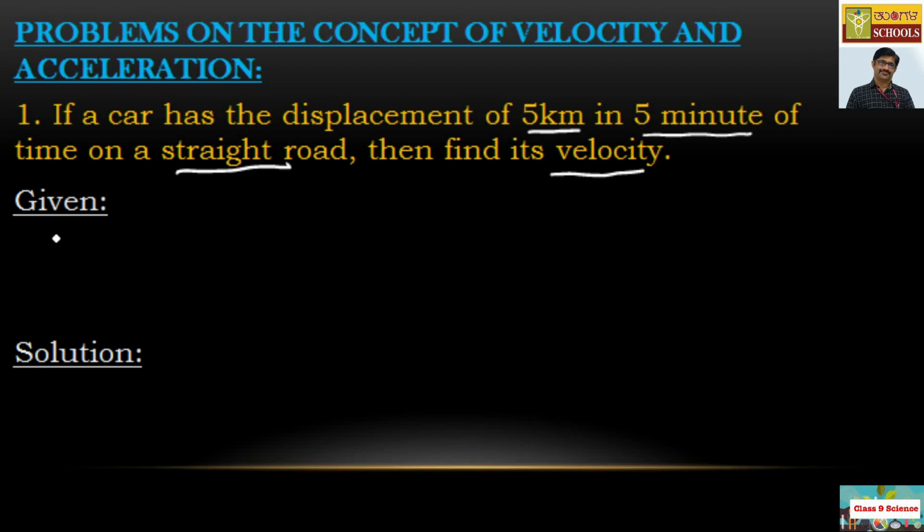Okay, so let us write whatever data is given. Here I will take the displacement of the car as x, which is equal to 5 km, and they have also given the time, t equal to 5 minutes.